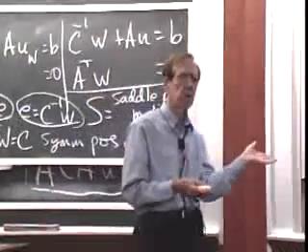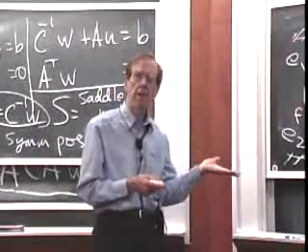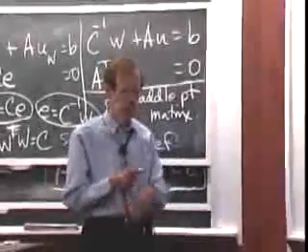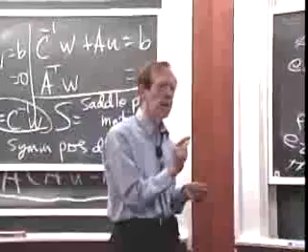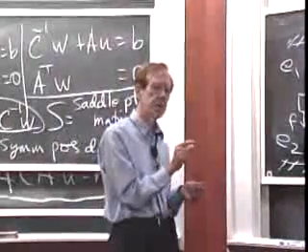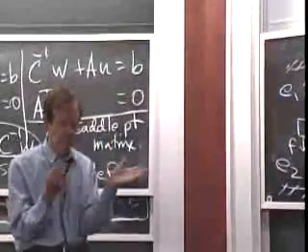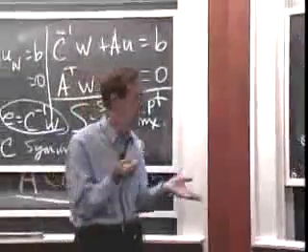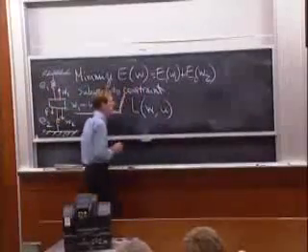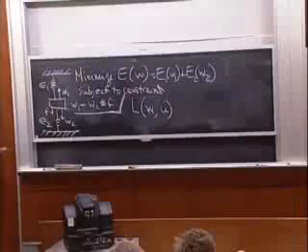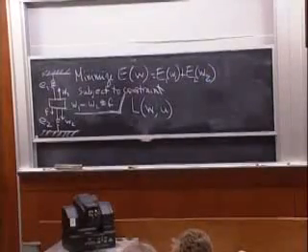And sometimes in books on economics, which does this all the time, the multiplier is called pi, because it turns out to be a price. But let me use u for the Lagrange multiplier. Okay, so that'll be the Lagrange multiplier.